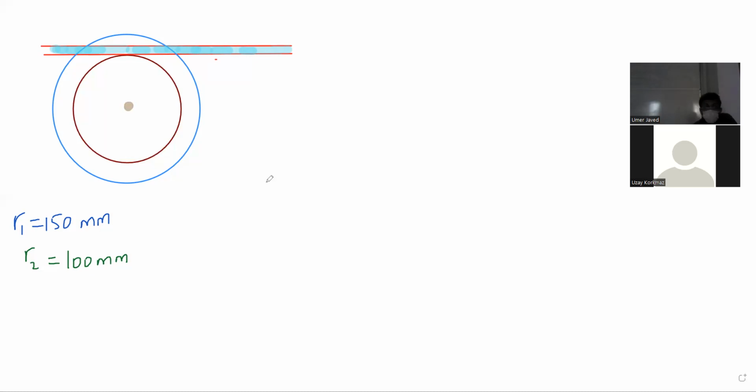This center of the disk is going at 1.2 meters per second. No need to exaggerate. Again, this problem will be done by you. And I have 3 meters per second squared.